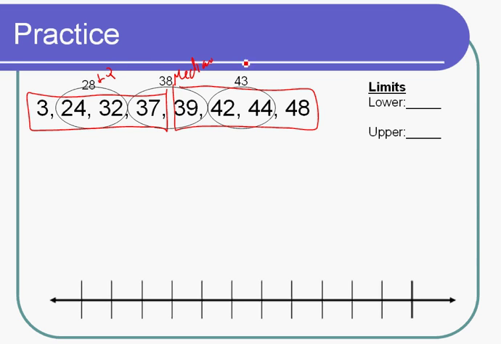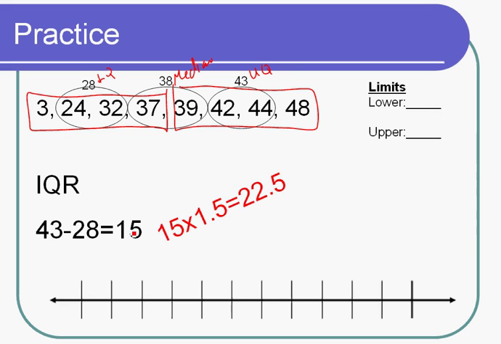My next step is going to be to find my limits so I can test and see if I have any outliers. My interquartile range, I take the upper quartile minus the lower quartile, which is 15, multiply that by 1.5. Now I'm going to take my lower quartile, subtracting my product, and I get 5.5.